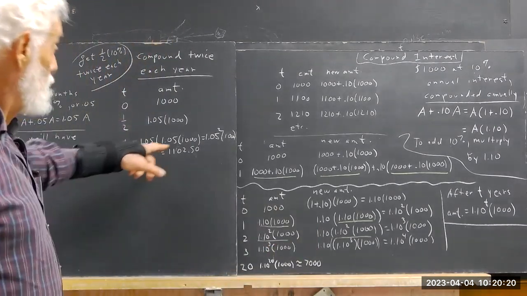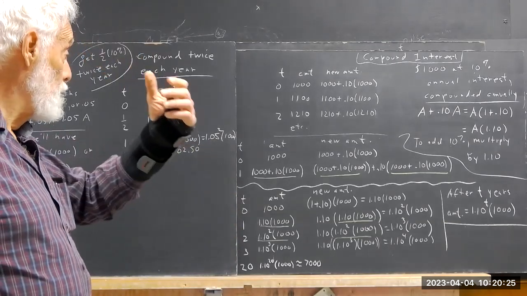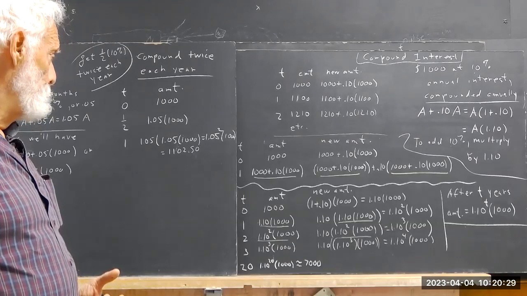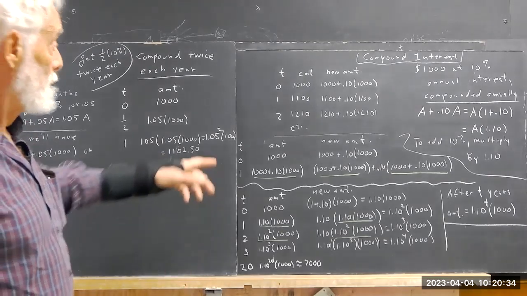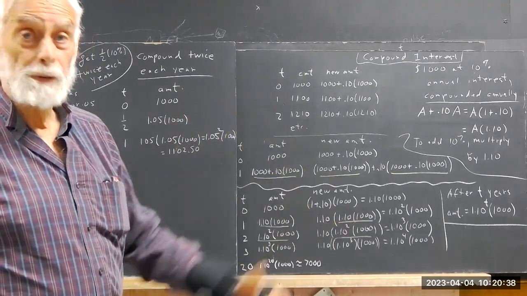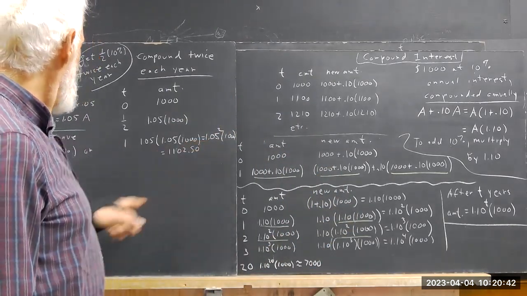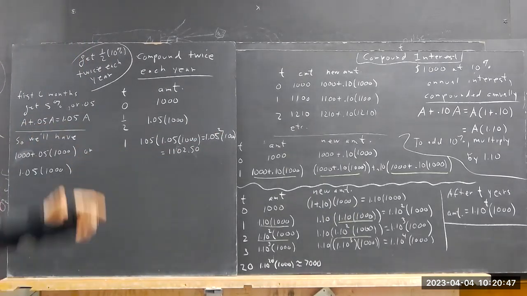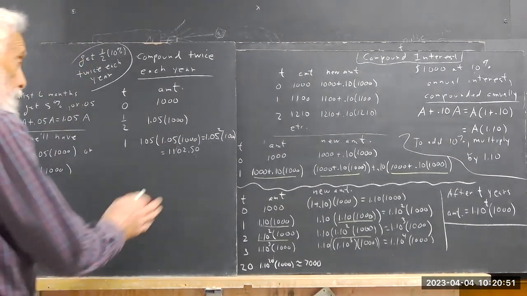You do 1.05 squared times 1,000. 1.05 squared, I think, is 1.1025. And all I'm doing is using (a plus b) squared equals a squared plus 2ab plus b squared, where a is 1 and b is 0.05. Simple algebra. You don't need to know that, but there it is.